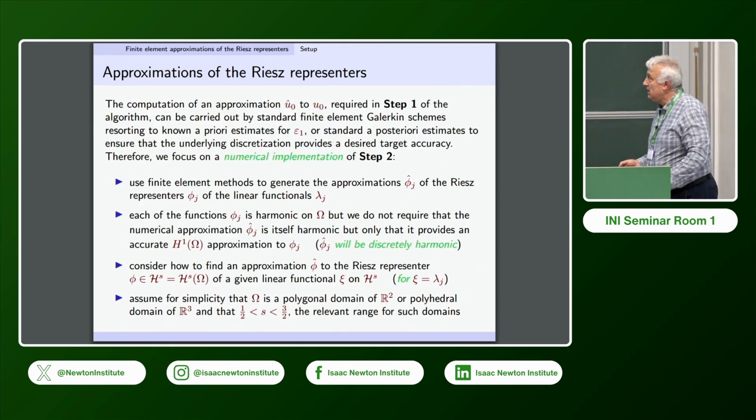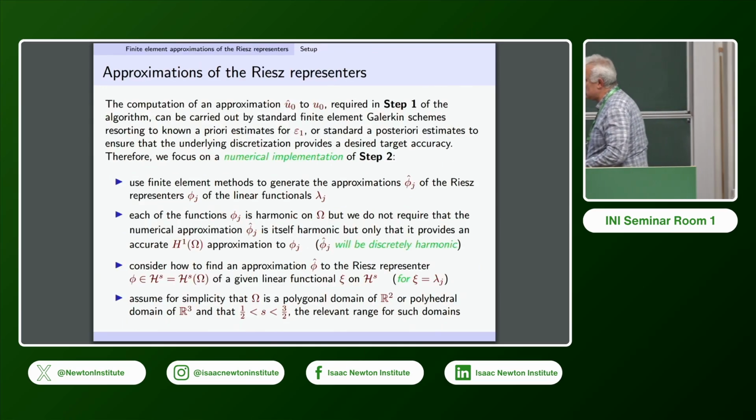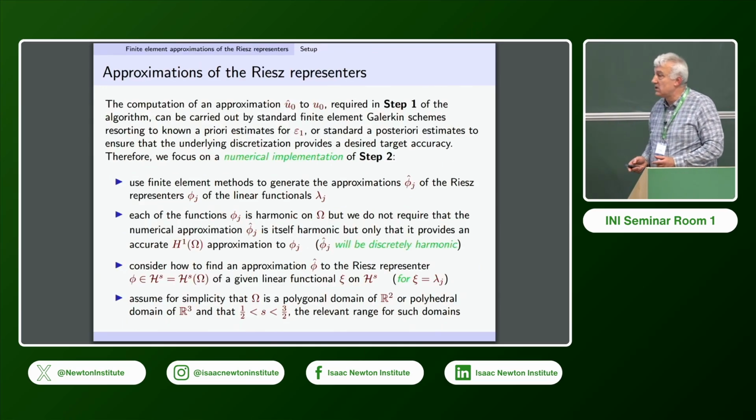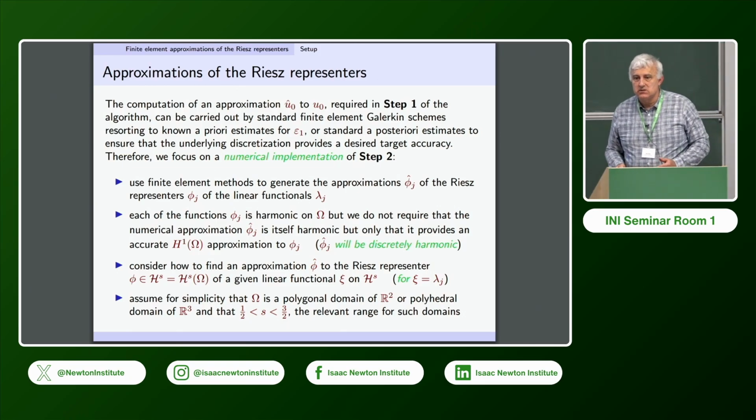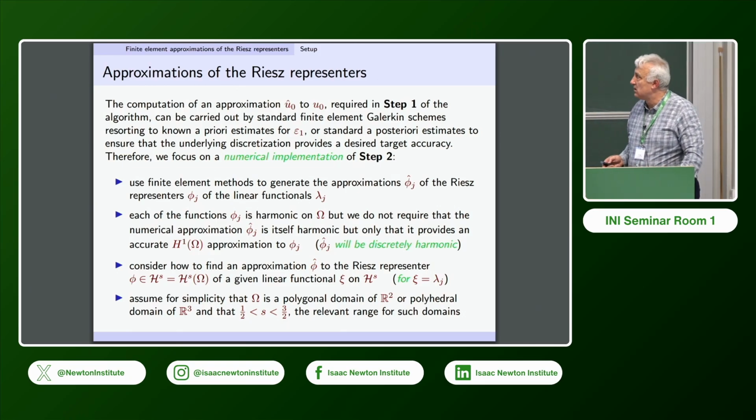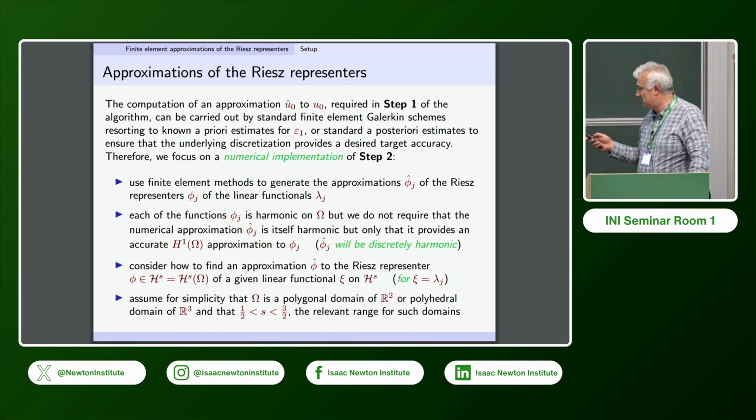And at the end, I want to say some words about how we calculate the Ritz representers, because this is probably the most interesting part of it. So the Ritz representers, we can calculate them in two different ways.